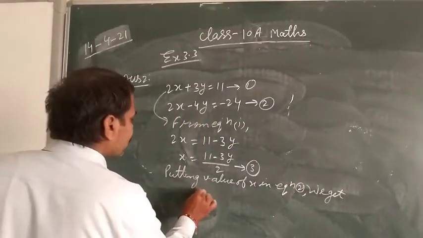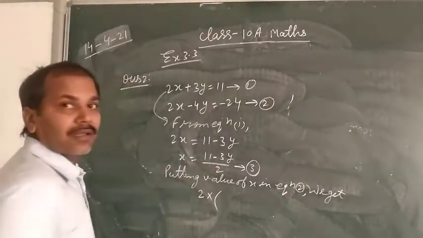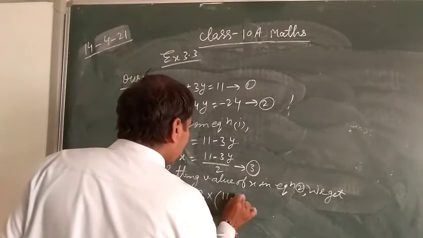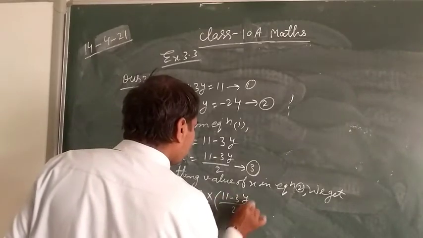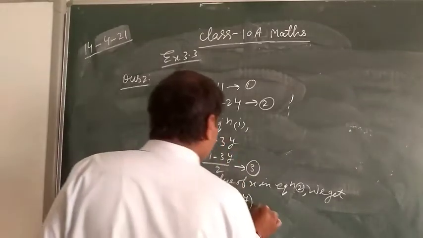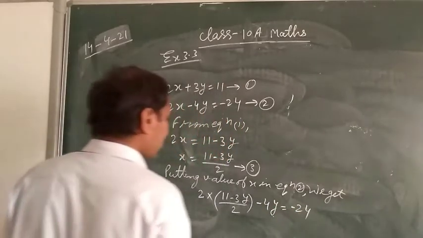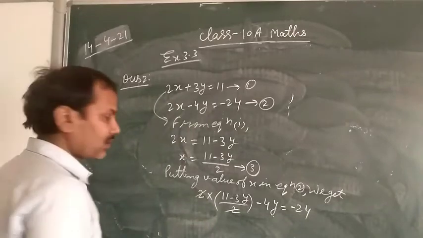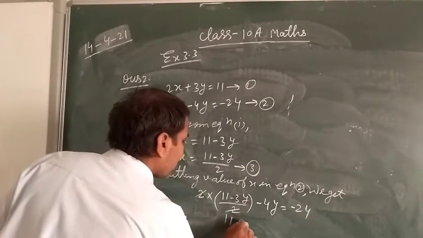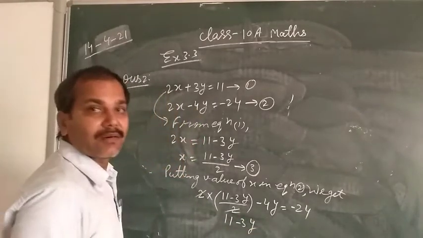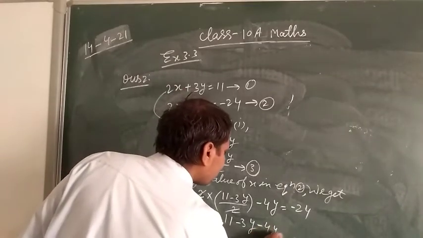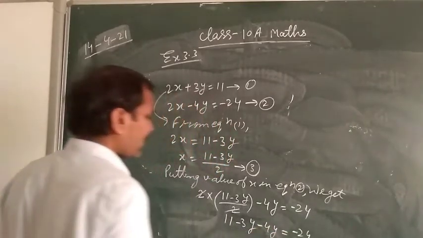We get 2x, so 11 minus 3y upon 2, minus 4y equal to minus 24.